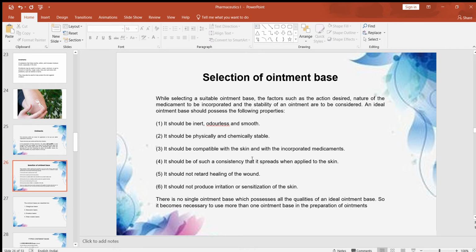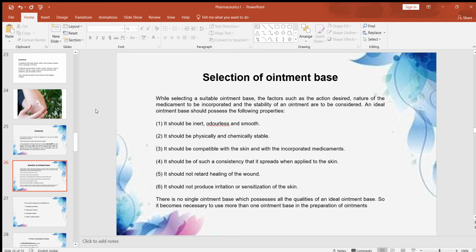Okay, so yes, we will be requiring this ointment base. Why are we requiring ointment base? Because we will be needing some carrier which is going to be used to carry the medicine in the form of ointment, in the form of semi-solid consistency. We need these ointment bases so that it can be effectively applied and spread easily on the surface of skin.